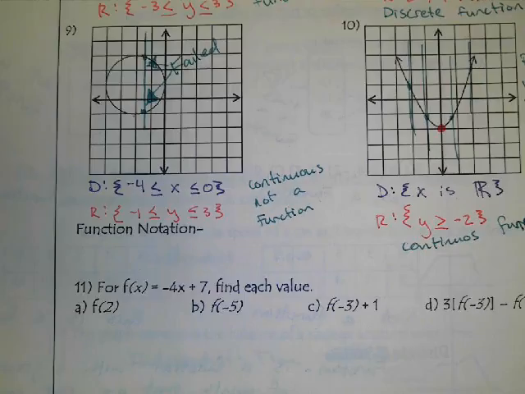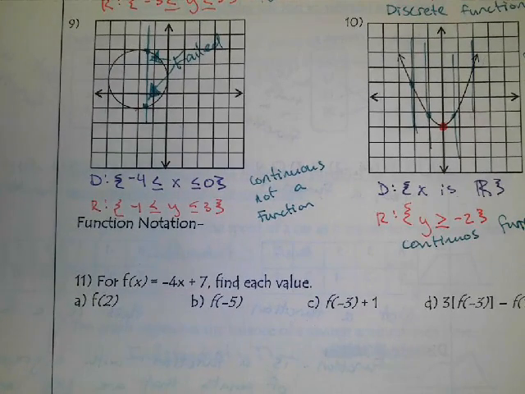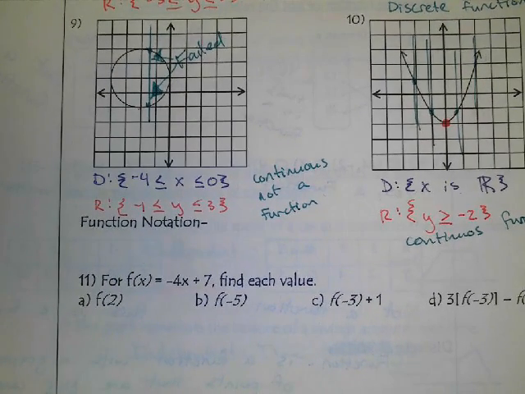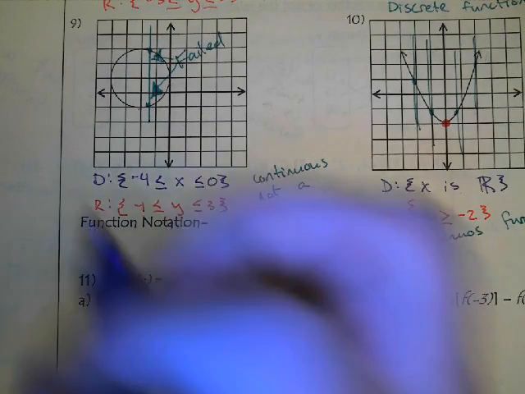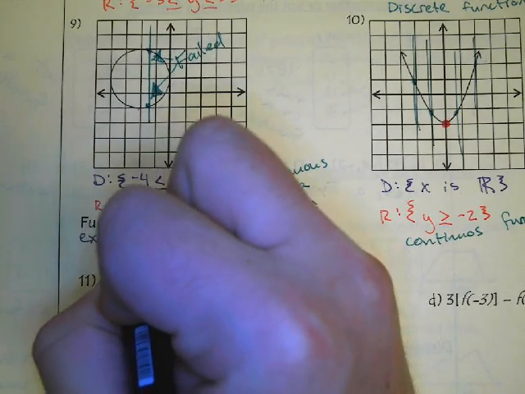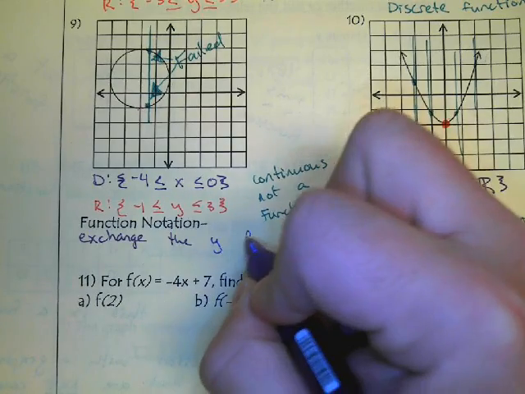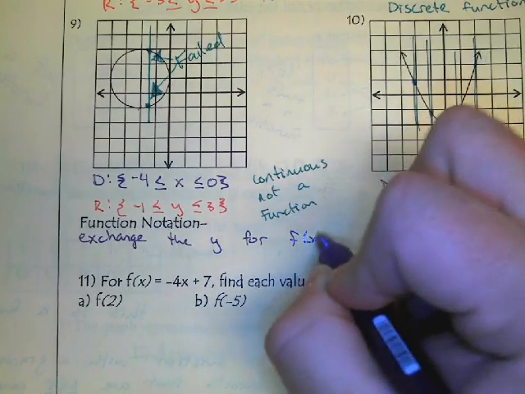So function notation is simply, and this is going to be kind of weird, all it is it's giving us the ability to tell me exactly what number I'm plugging in. So we can think of it as, if we exchange the y for f of x.